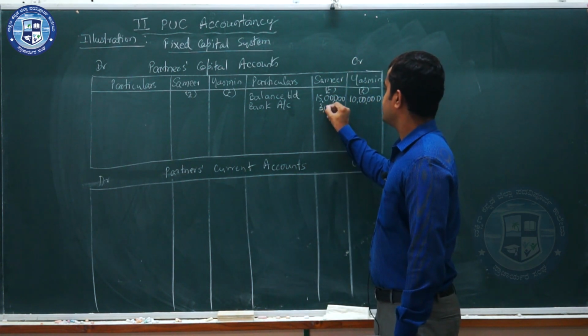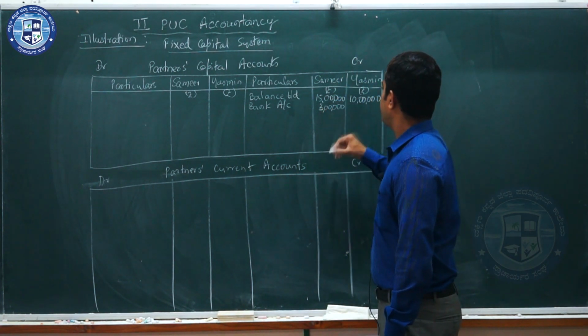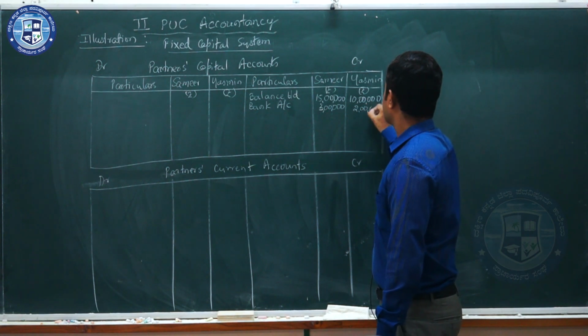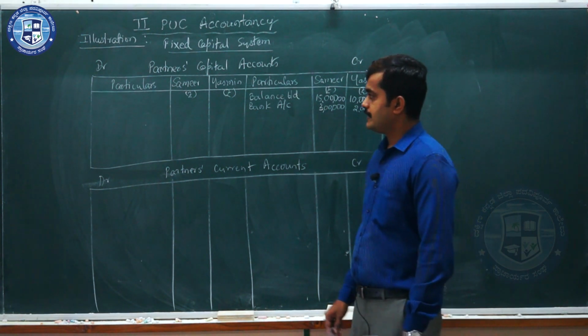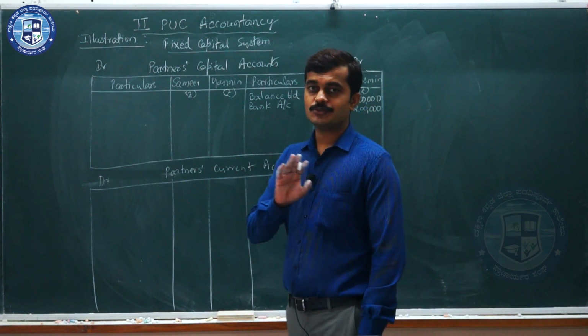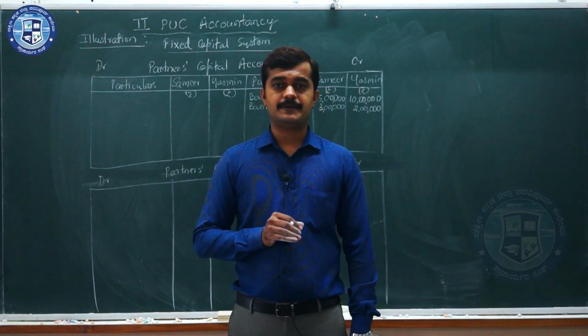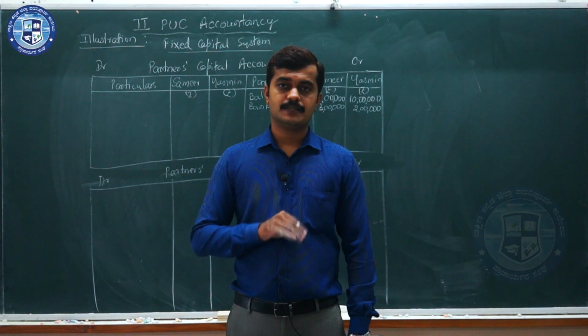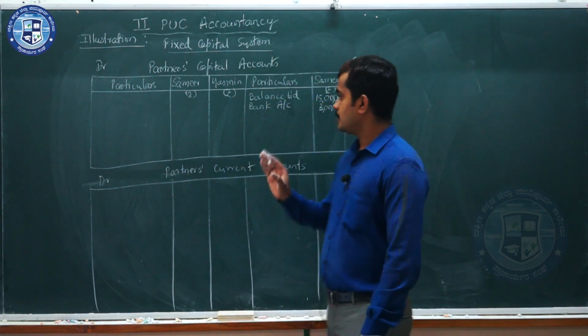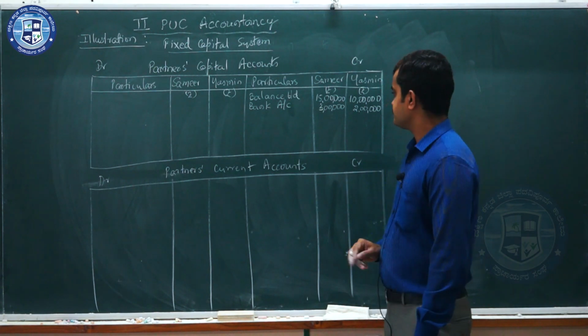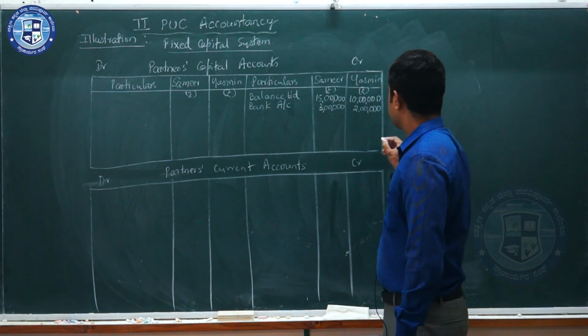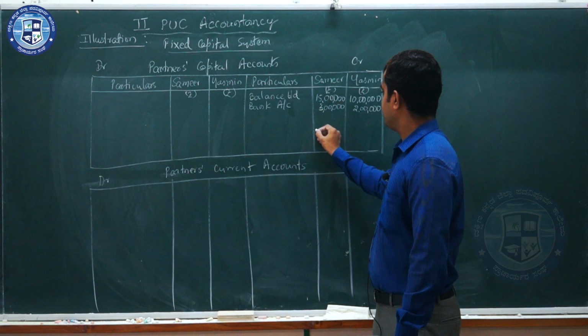Samir has contributed 3 lakh and Yasmin has contributed rupees 2 lakh. And in this problem, there is no withdrawal of surplus capital by Yasmin or Samir. Therefore, we can total the capital accounts and find the balance itself. The total will be here.